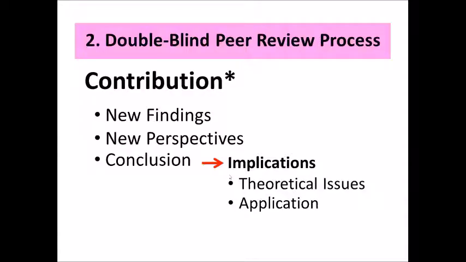You may falsify the theory, falsify the previous assumption, but it can also give benefits in terms of application. People can make use of your findings, of your implication, to conduct their own research, or to make use of it in their own teaching, preparing their teaching materials, for example.